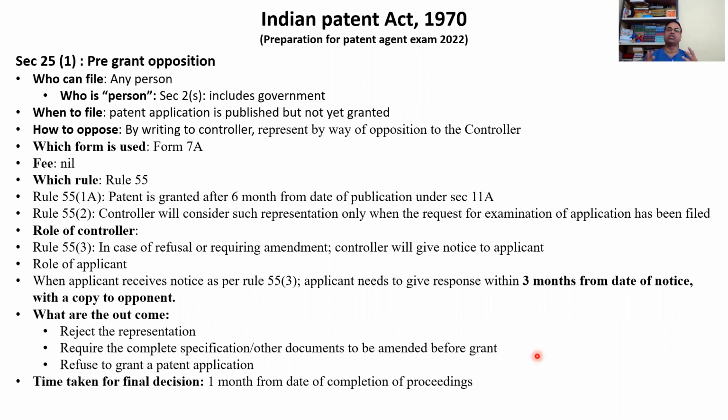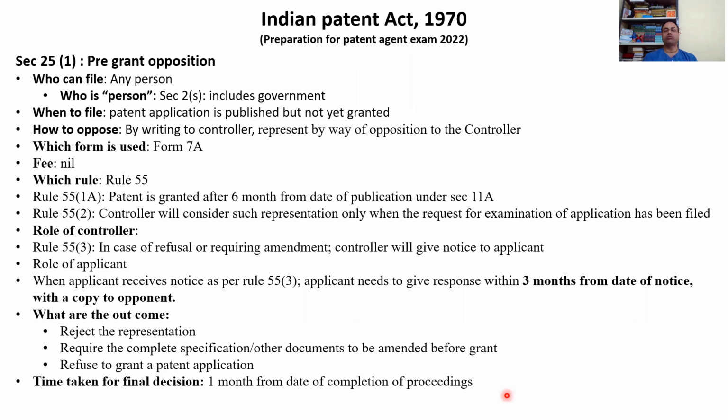So if I say that this claim is not valid because there are prior arts, or some prior use, then those amendments will be made. Or the controller can refuse to grant the patent application. So these are 3 outcomes. And the time taken for the final decision is 1 month from the date of completion of proceedings.